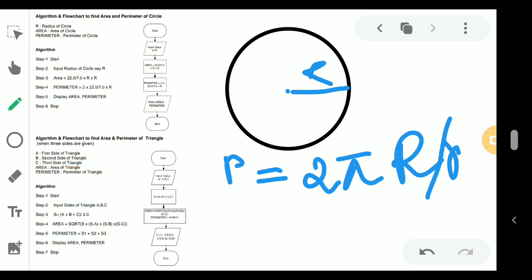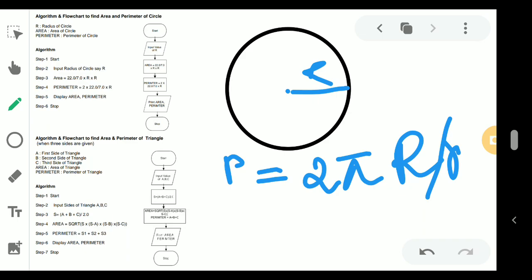But one more thing, in an algebraic expression you are able to write pi, but in programming we cannot use the pi symbol.